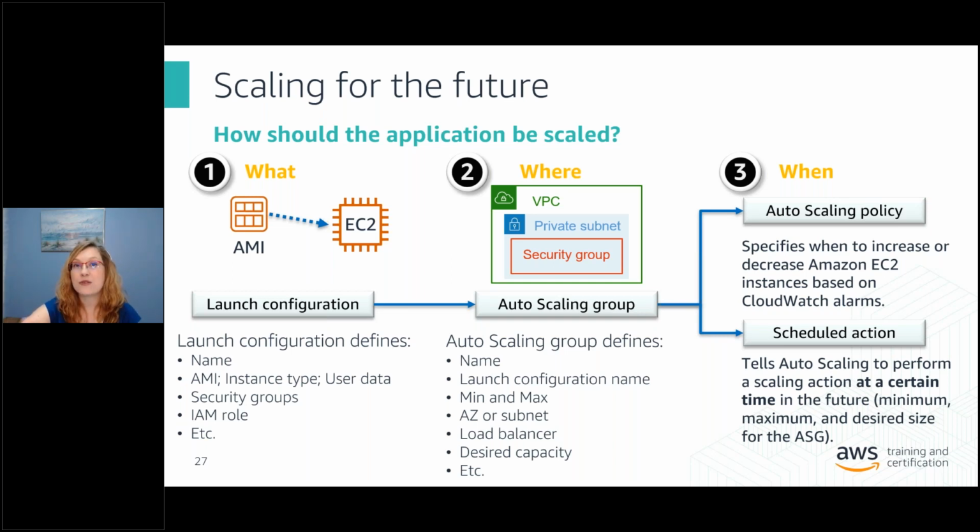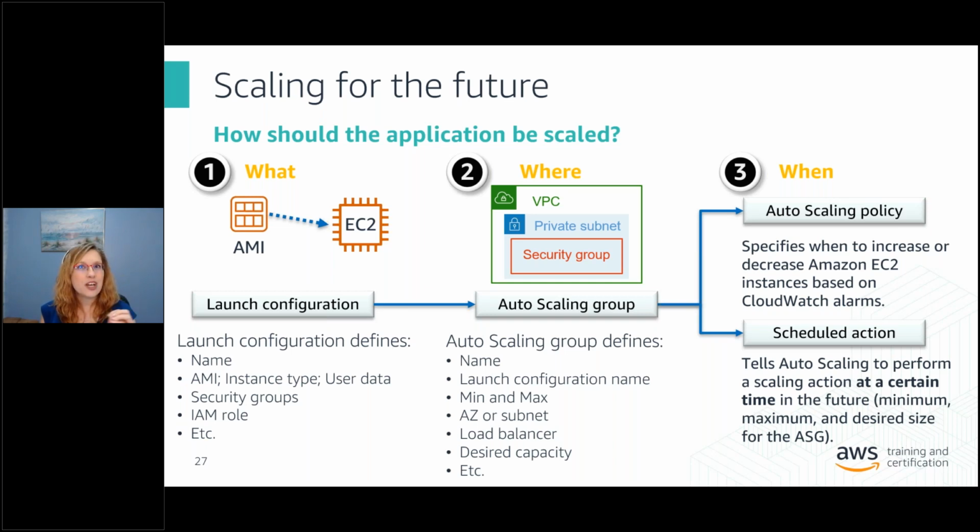So now I've scaled out to 3. And then at 7 p.m., I scale back down to just 1 instance to handle that overnight load. That's what a scheduled action allows me to do. Scheduled actions are great for predictable traffic. They don't help me, though, for unpredictable spikes. And that's where the scaling policies come in to help out so much.